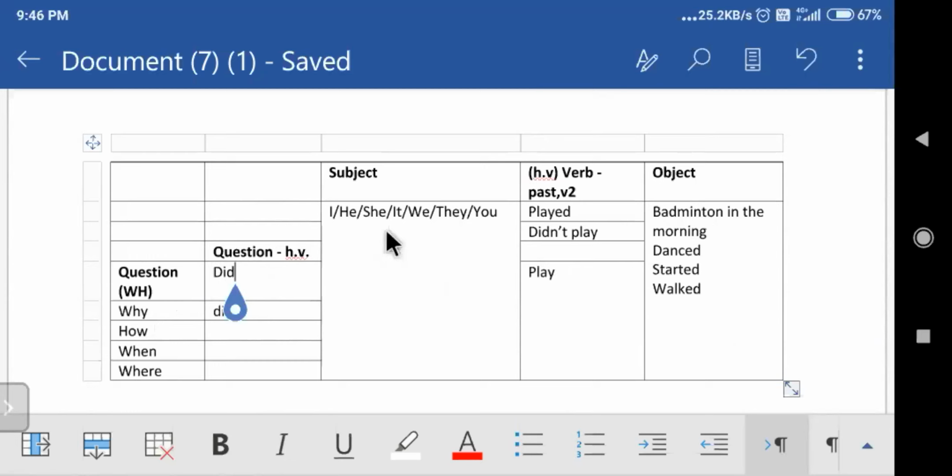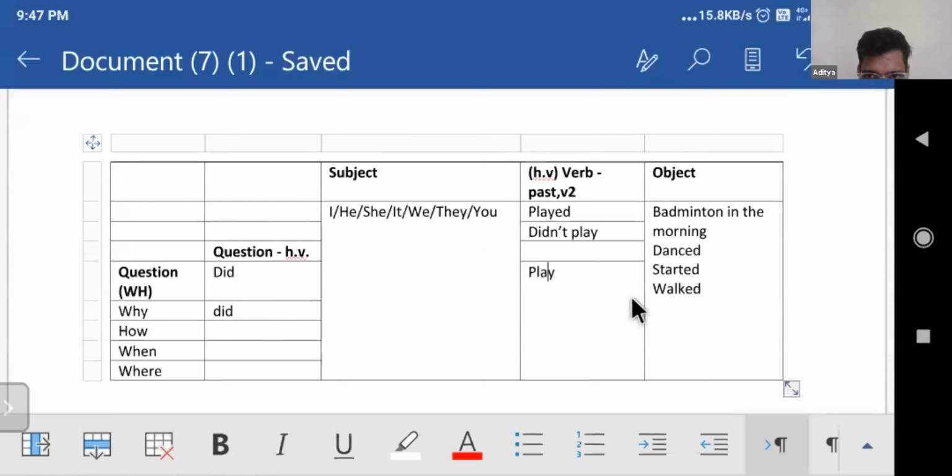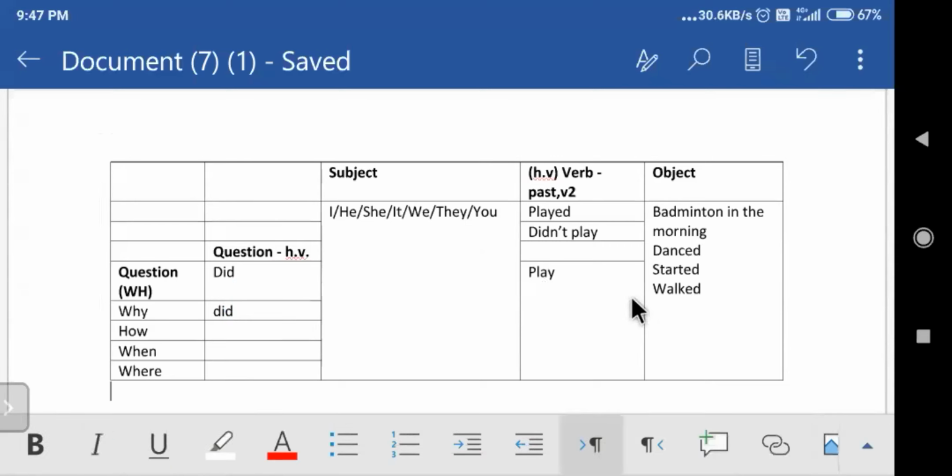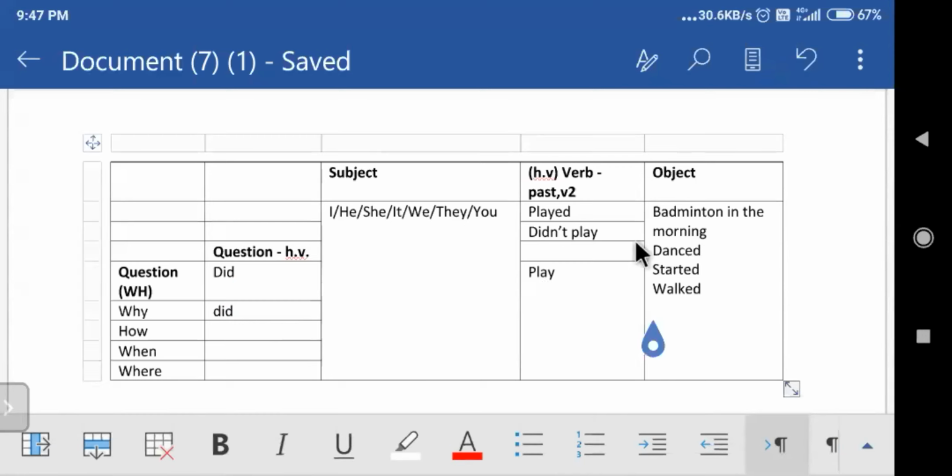Only up to here, you see these levels where the questions don't start, is it different? But after the question starts, straight away the same form of the verb, no change in it. Did you play? Did you? Oh, sorry. What did I do here? I actually put the verb here, and so I should not put all of these verbs in here to confuse you.